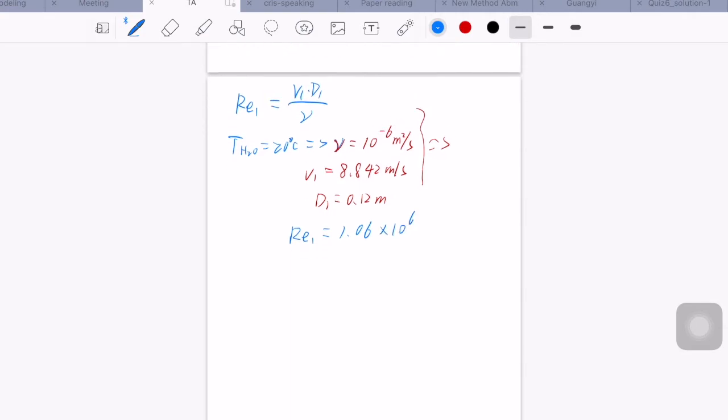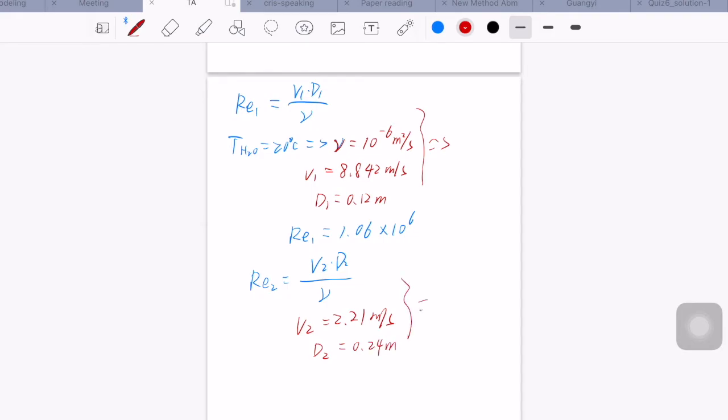And Reynolds number in pipe 2 should be equal to the V2 times D2 divided by the nu. And we know the V2 is 2.21 meters per second, and the D2 is 0.24 meters.